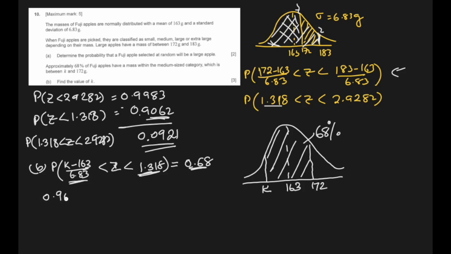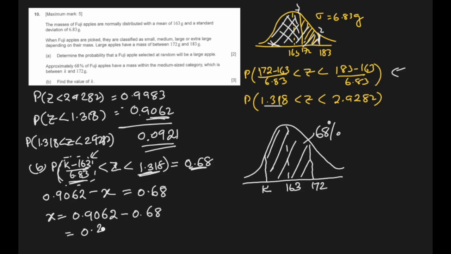So 0.9062 minus, and let's say the probability for this one is X. Let's assume that it is equal to 0.68. So X comes in 0.9062 minus 0.68, which will be 0.2262. The probability of our data being less than K is 0.2262, right?